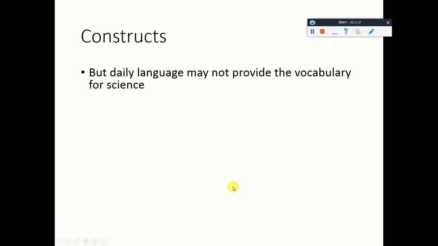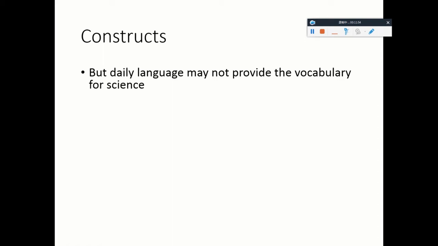The problem, though, is in daily life, we don't really talk about things that scientists are more interested in. So we care about cats and dogs, but scientists think, well, cats and dogs, after all, are very common, so they're not interesting at all.